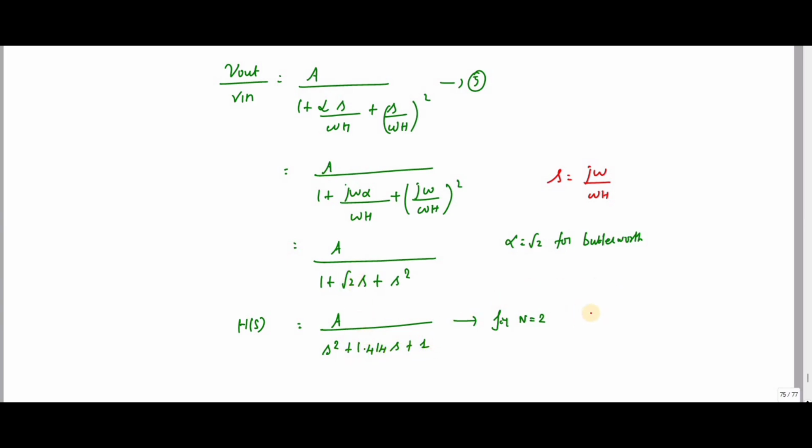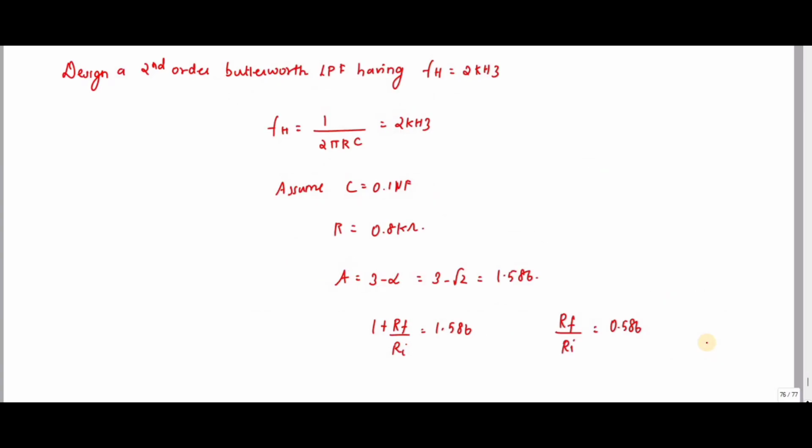So this is for second order. This is the transfer function of a second order Butterworth low pass active filter.